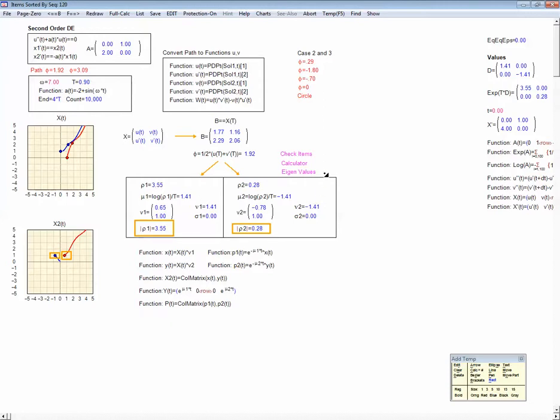All right, let me review how we get these secondary solutions. Remember, X of t is a fundamental matrix, and X2 of t is also a fundamental matrix with a different set of solutions.